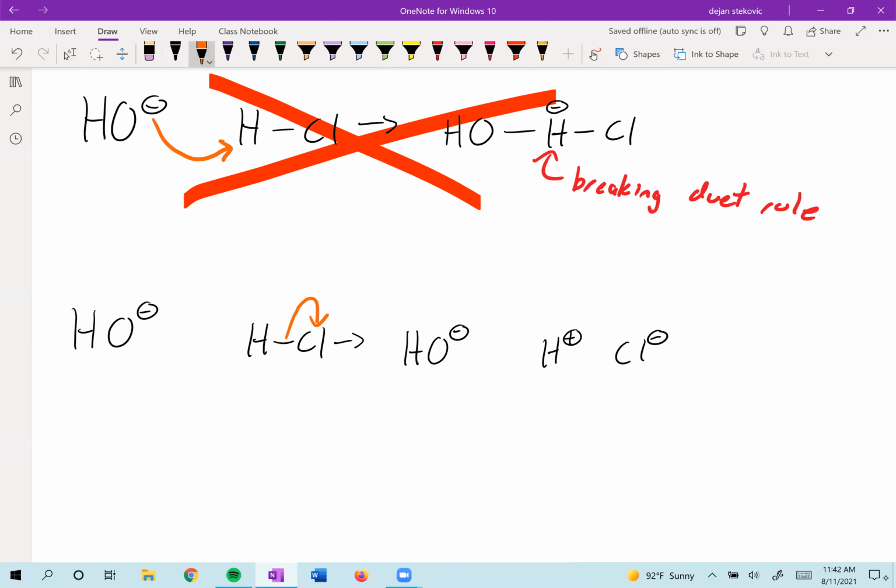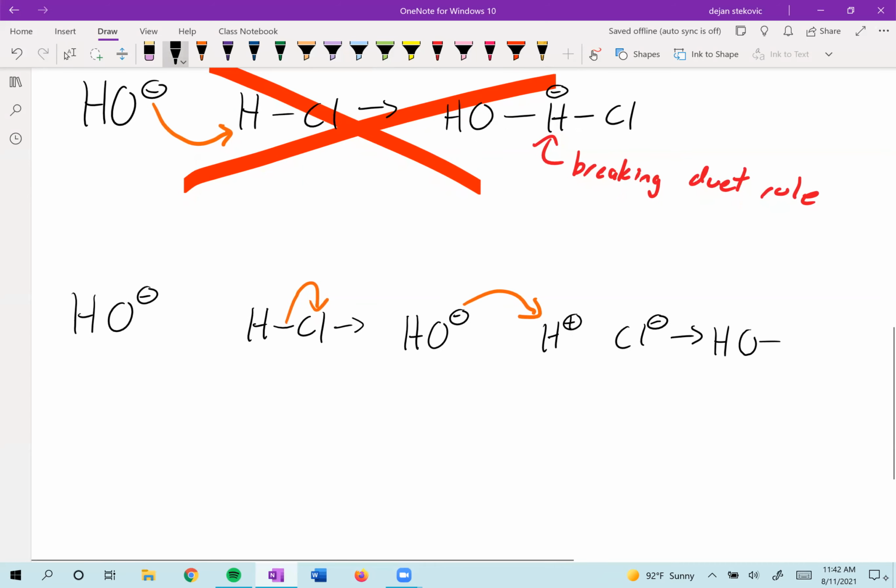And then finally, we have the formation of our base-H bond. So we have our hydroxide attack our H+. The hydroxide is negative, the H+ is positive. When they combine, you'll form a neutral compound. And then you'll have chloride just hanging about, right? And so this would then be a correct mechanism as well. So you can do it in 1 step or 2 steps.